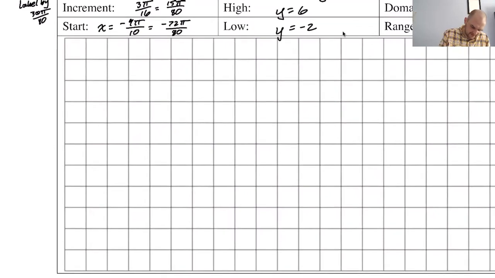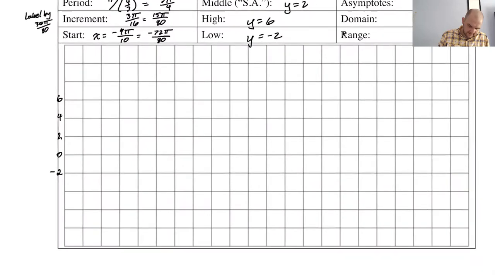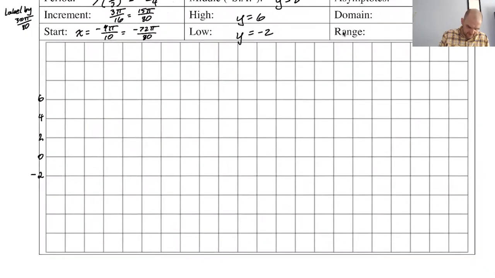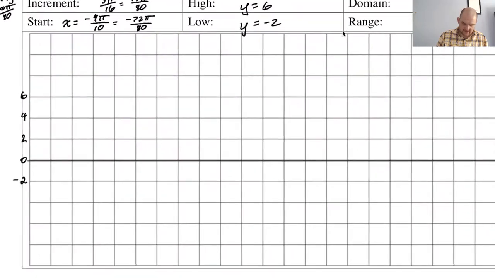So 6, go by 2s, I suppose. 6, 4, 2, 0, negative 2. And then I can go 2 above, and I can go 3 below, so it's probably as good as it's going to get. Got to start and end at the right place, and you're pretty good to go.